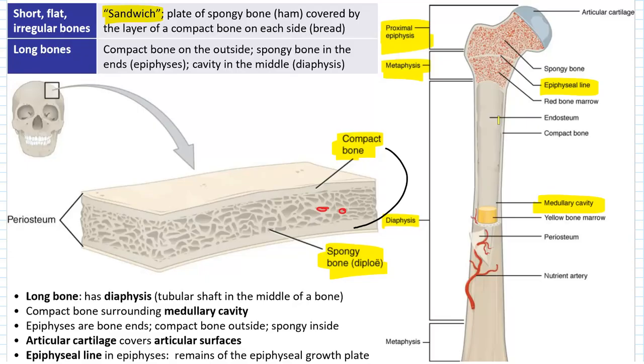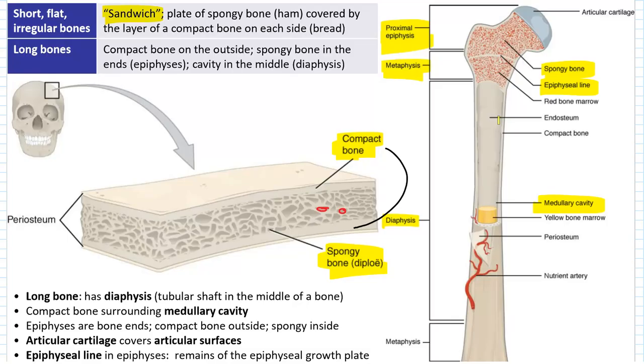Okay? Now, you may notice that in this picture on the screen, spongy bone is located entirely in the epiphysis and metaphysis, and there is no spongy bone in the medullary cavity. So effectively, your long bones have a big cavity in the center.